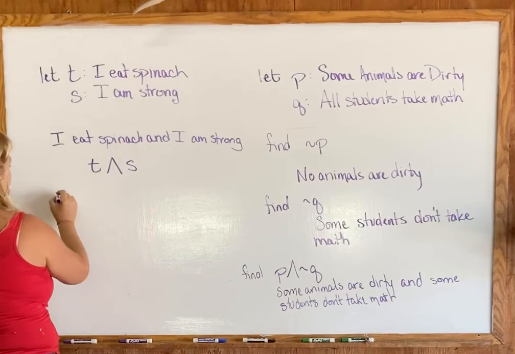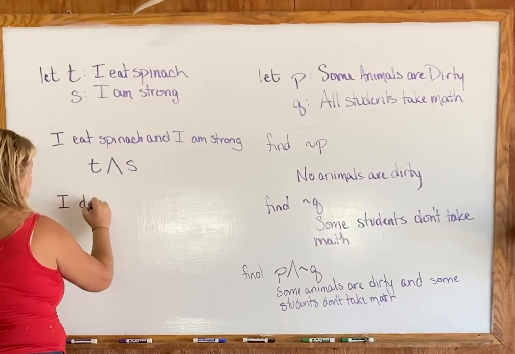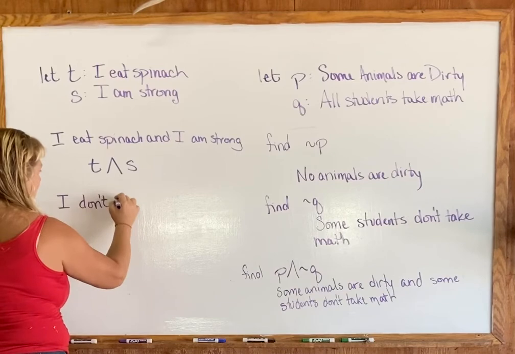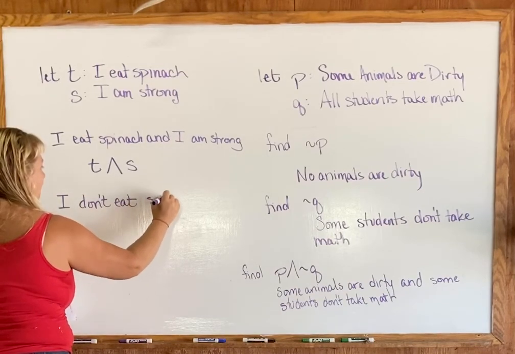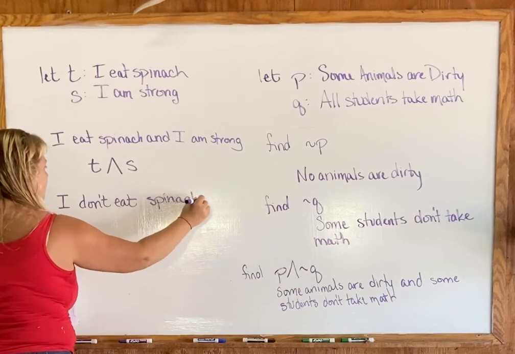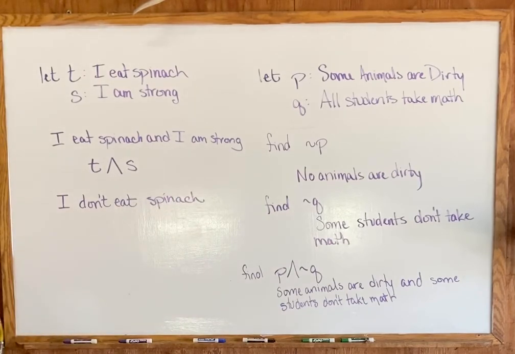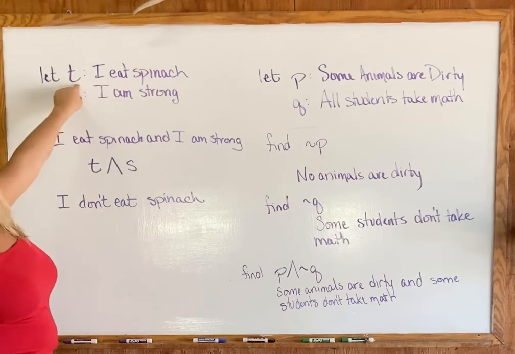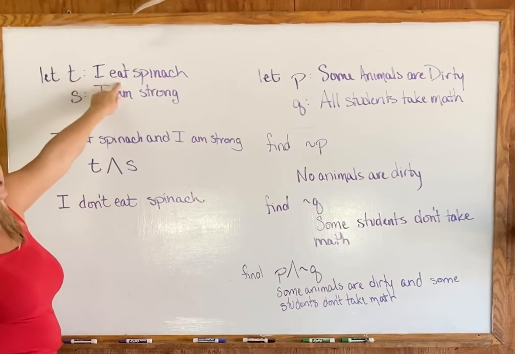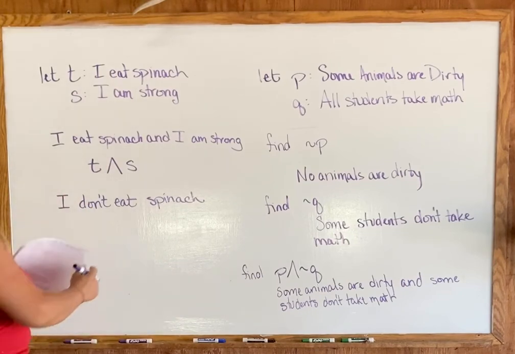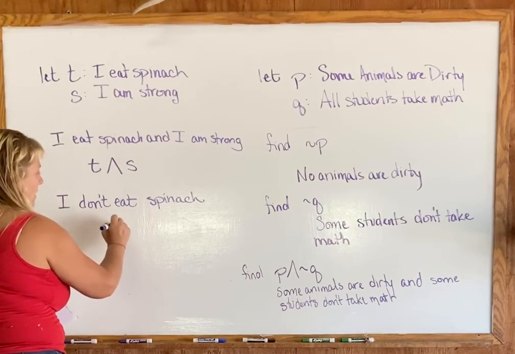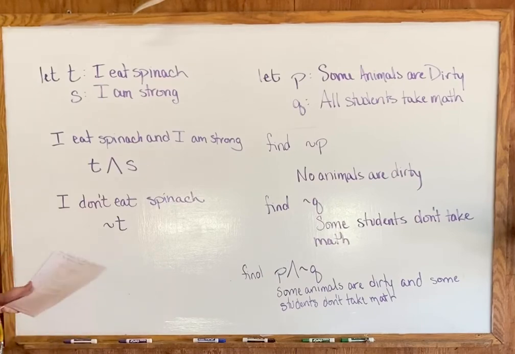So how about I don't eat spinach? Okay, now we're looking at the T statement, but what are we doing to the T? Do we want T or do we want not T? Right, so I don't, which means we want not T.